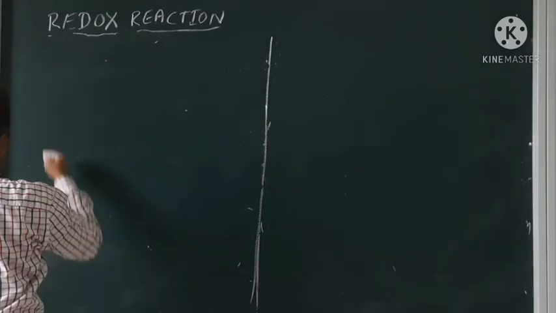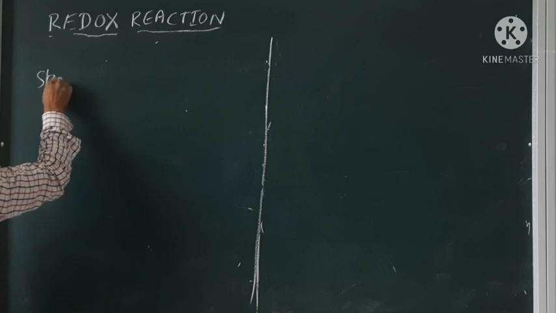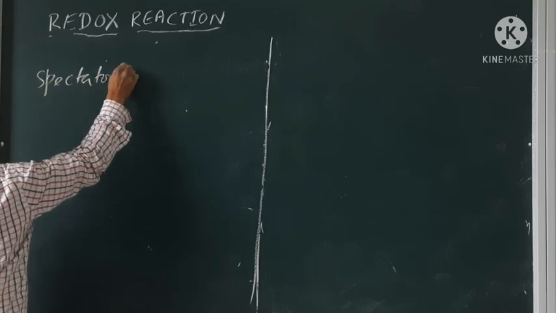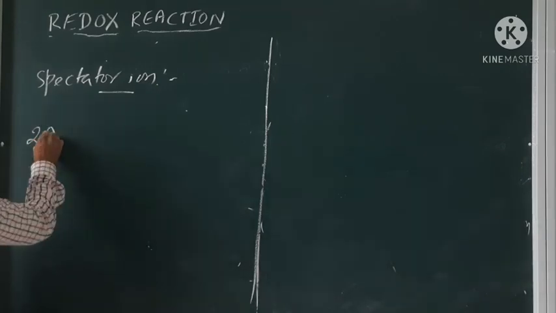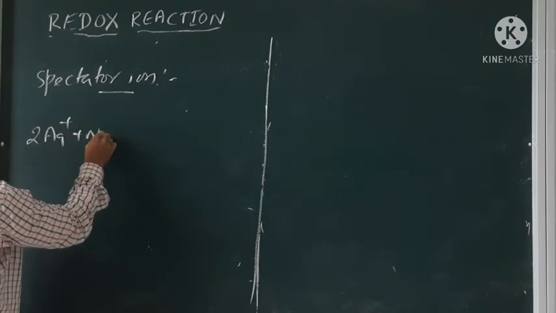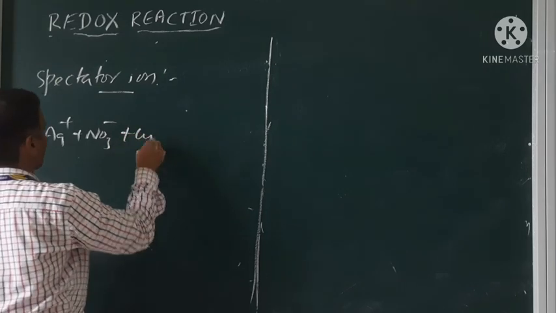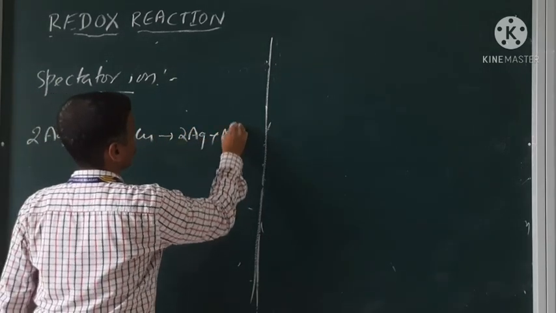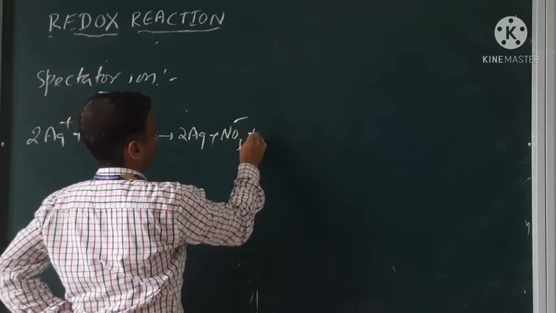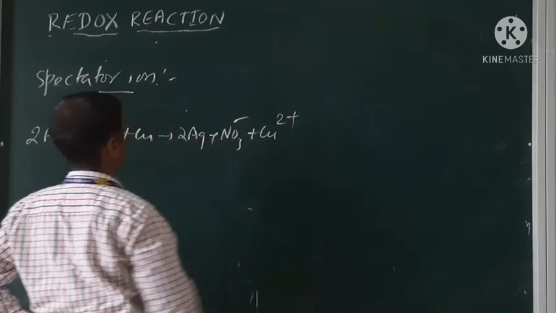Next one is spectator ions. Ag+ NO3- plus copper giving 2Ag plus Cu2+ and NO3-.